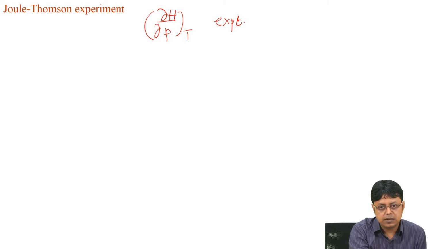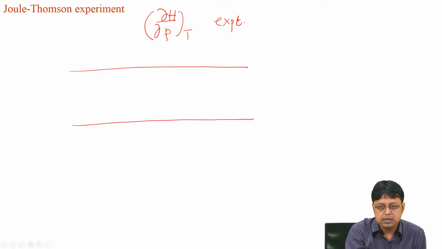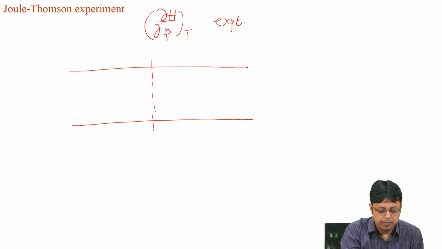Now let us first describe what is the experiment. In this experiment, Joule and Thomson took a cell tube, and inside the cell tube there was a wall which is a perforated wall. What do you mean by that? It's a wall through which the gas molecules can pass from one side to the other side.